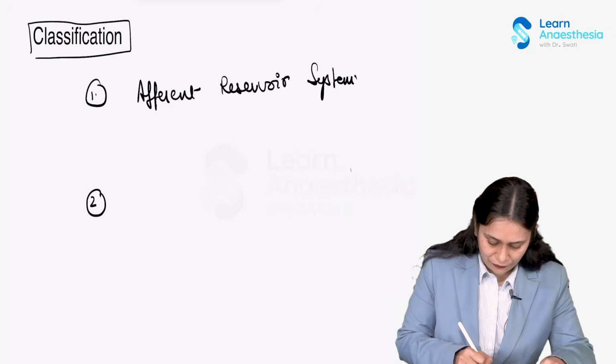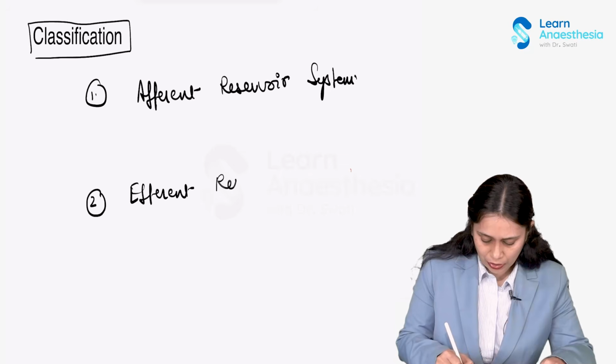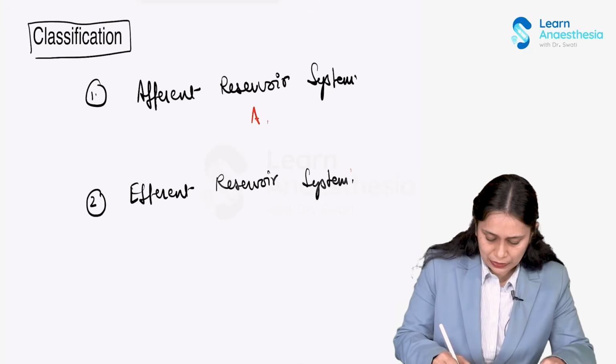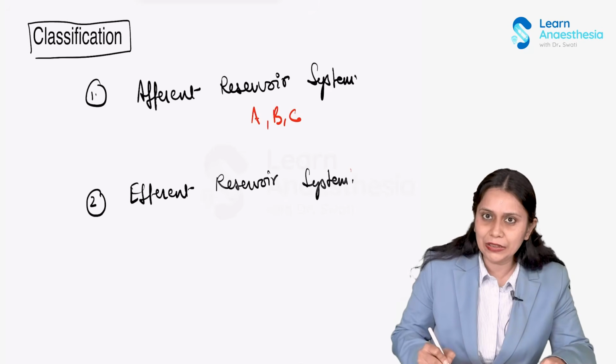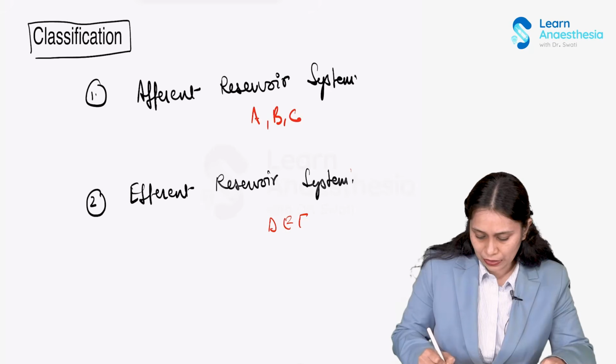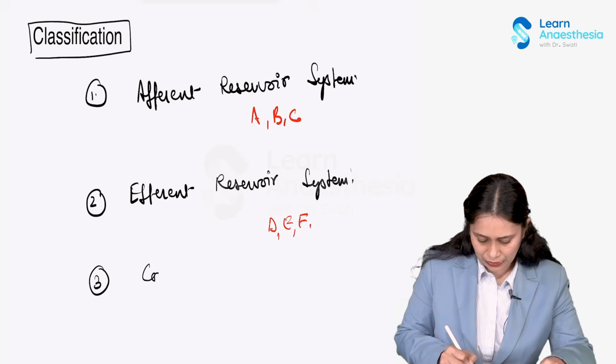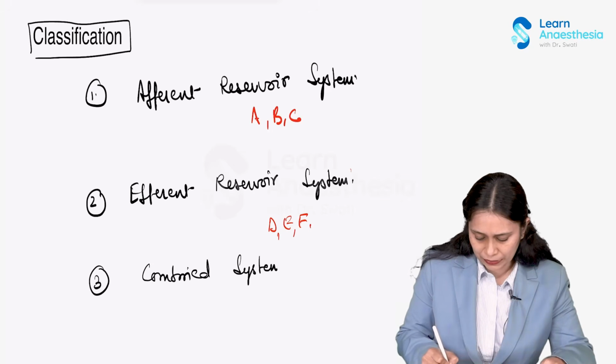So afferent reservoir system, efferent reservoir system. Now, the afferent reservoir system, as I told you, is A, B and C, and the efferent is your D, E, F, and we have the combined system, some combined system like Humphrey ADE system, etc.